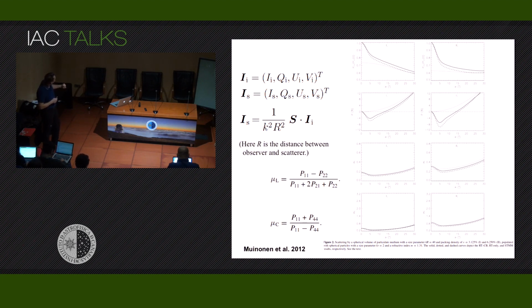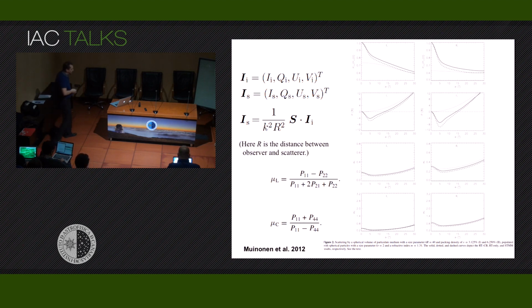And here we have the so-called linear and circular polarization ratios, which are often used as radar quantities. If you take an Arecibo radar and you look at the asteroid echoes in polarization, you talk about linear polarization and circular polarization ratios. And here the solid line is this approximation, this RTCB, and the dashed line is the exact computation. So this is encouraging now.